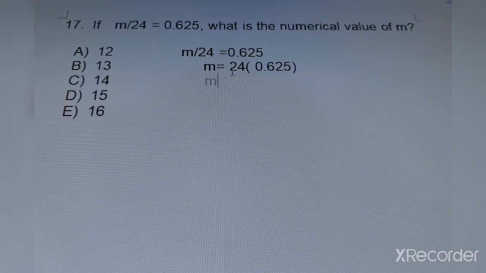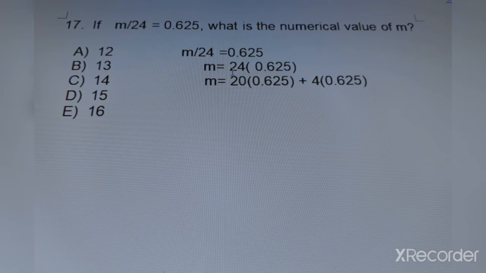So your m equals, you can also solve your 24 times 0.625 by 20 times 0.625 plus 4 times 0.625.